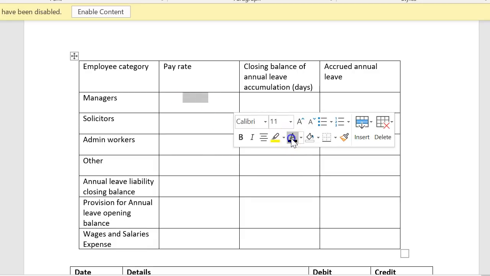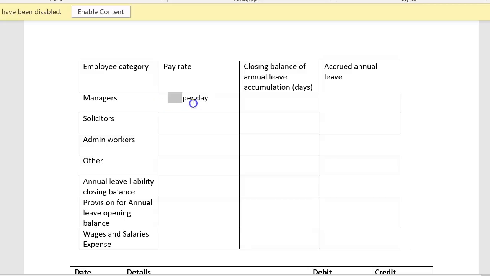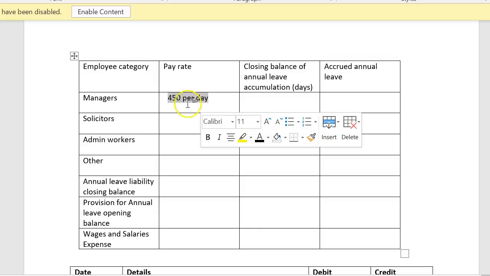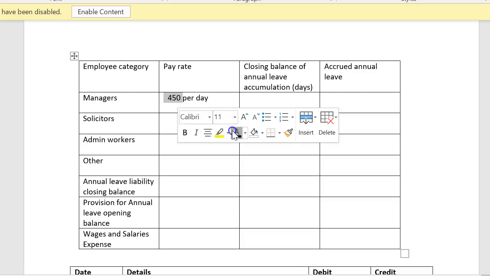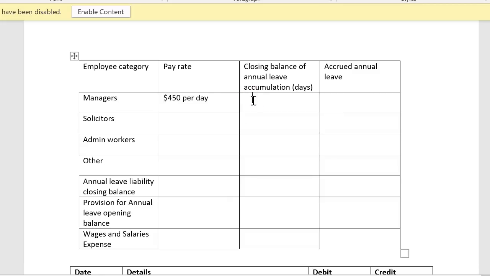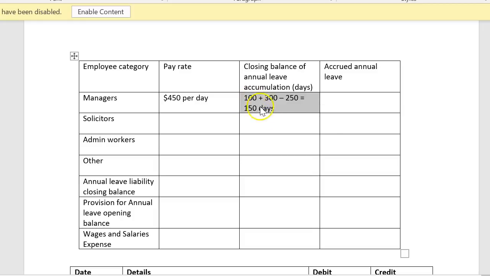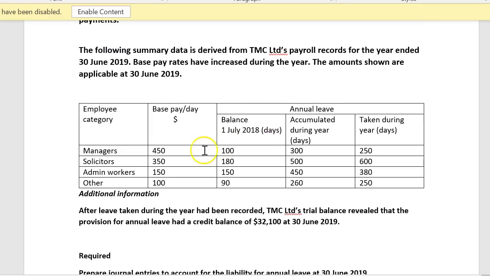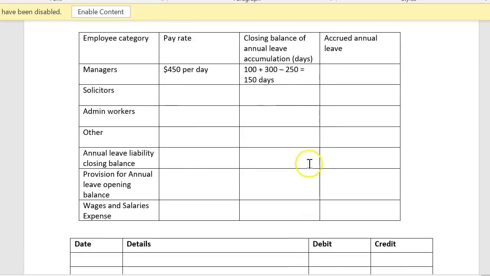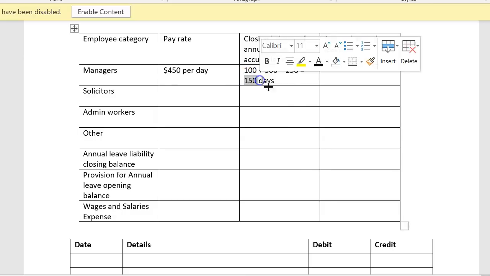Pay rate is $450 a day. What is the closing balance? Managers have accumulated 100 days from previous year. For this year, they have 300 days of annual leave. They've already taken 250. So you minus that. That's how we get 150 days.